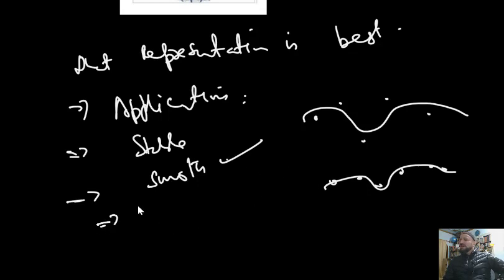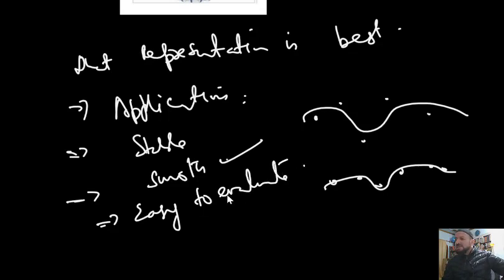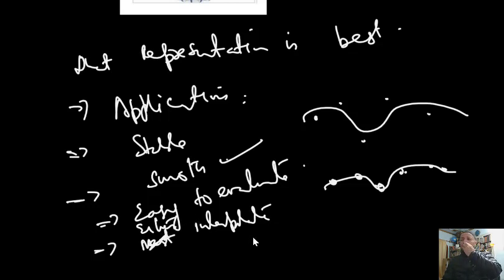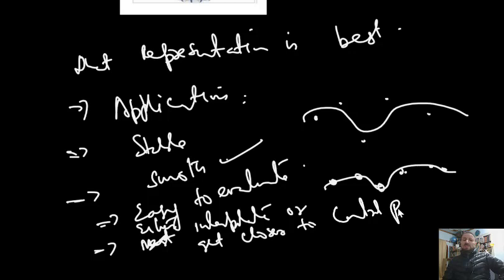Not only that, it should be easy to evaluate. And also, like I said, it should either interpolate, meaning these points lie exactly on the curve, or get closer to the control points.